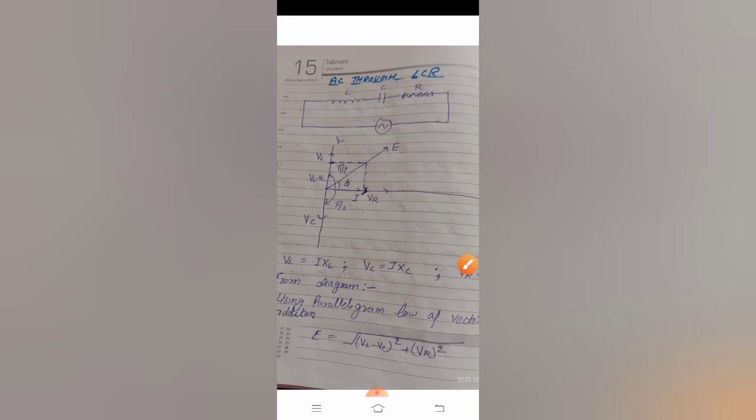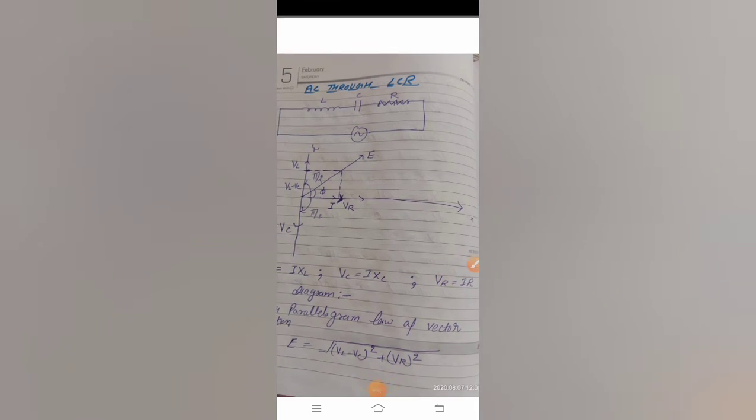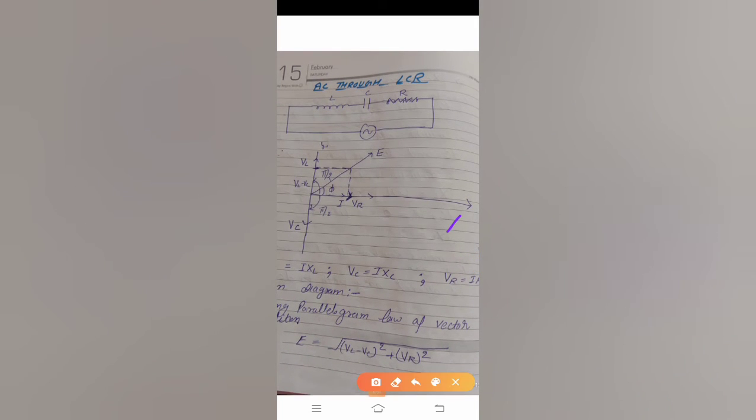This is AC. Now we will draw a diagram, or you can say a phasor diagram, for it. Whenever you are drawing a phasor diagram, you must know the phase angle difference between the quantities. You can see that we have taken the x-axis, the y-axis and the negative y-axis.